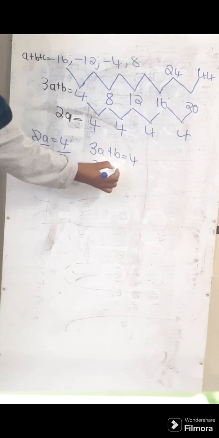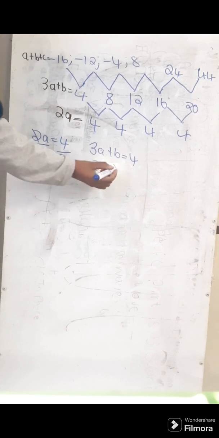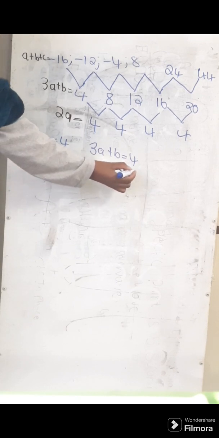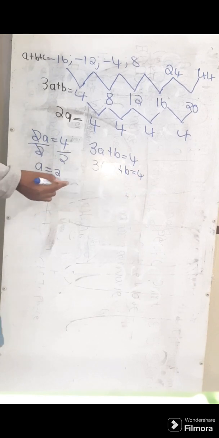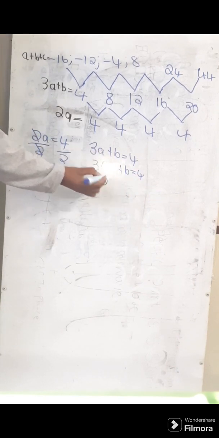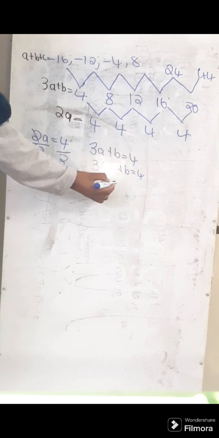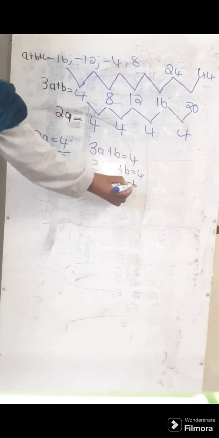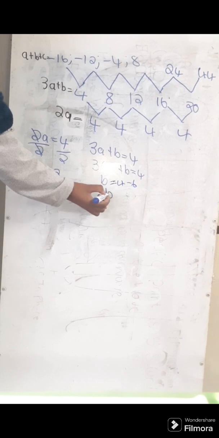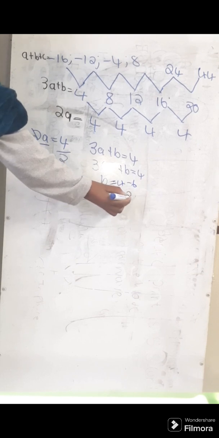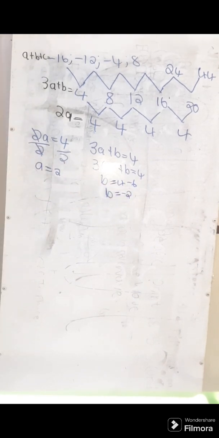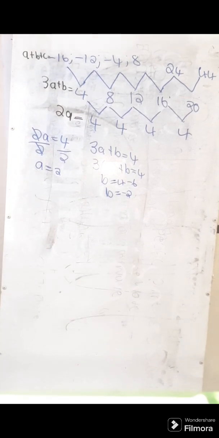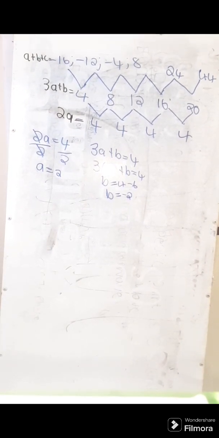We substitute A here: 3 times 2 plus B equals 4. This is going to be 6. So B, this 6 will go that side, equals 4 minus 6. So our B equals negative 2.